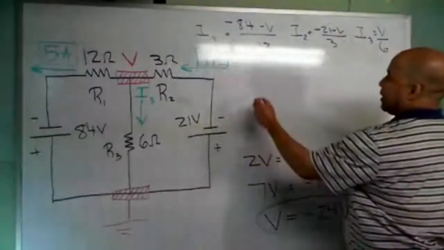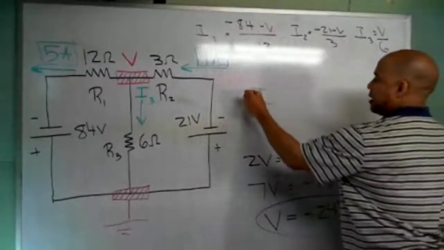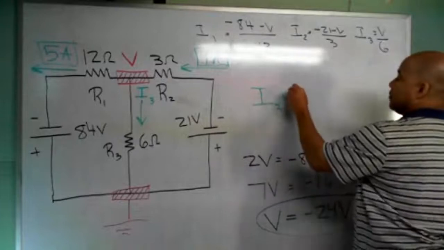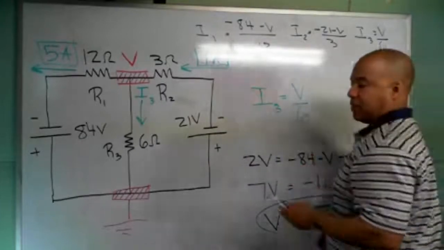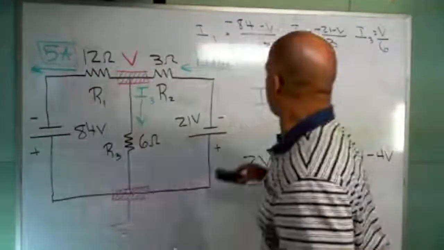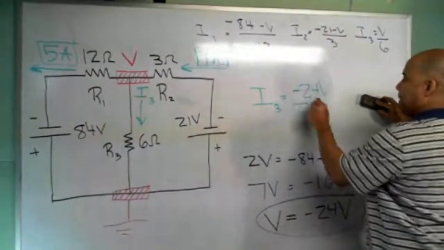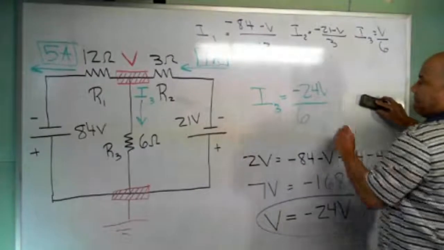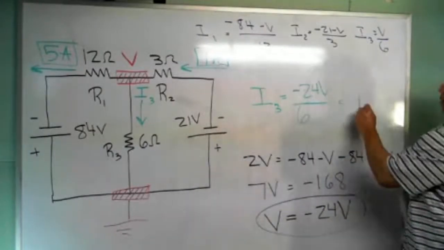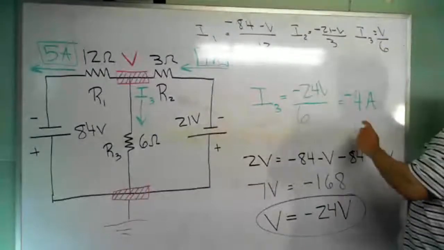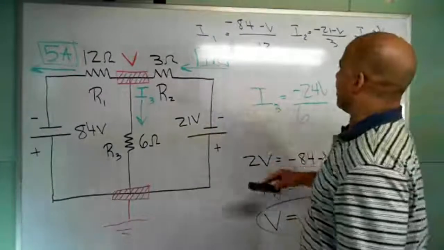So we got I3 equals V over 6. But I now know V is negative 24, so that means I got to flip this around.